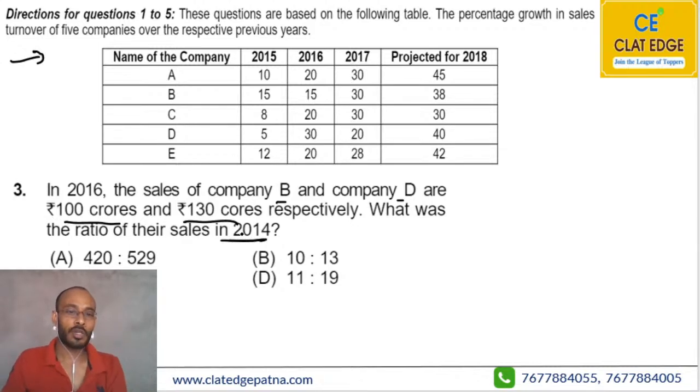That you need to calculate. So in 2016, the sales of B and D are 100 and 130 crores, B is given as 100 and D is given as 130 crores. This is in 2016, and what was the ratio of the sales in 2014, that we need to calculate.